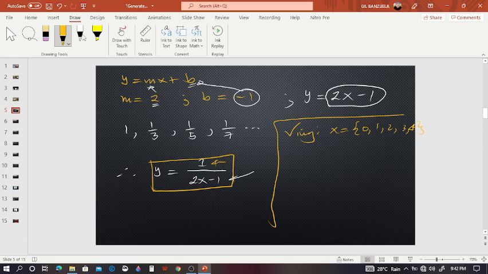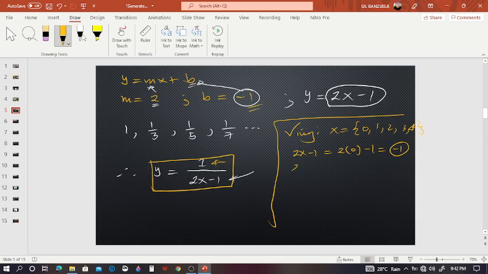using 2x minus 1, replacing x by 0, we have 2 times 0 minus 1, which is equal to negative 1. And that is our y-intercept, basically, on our table.